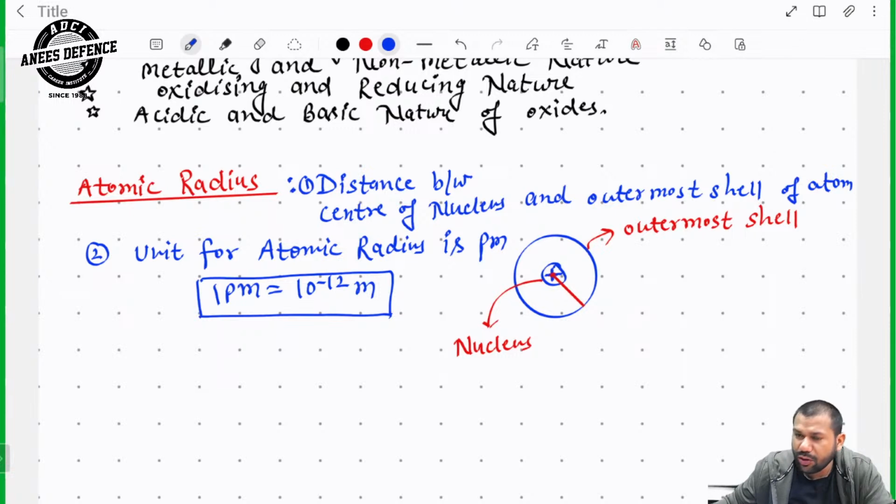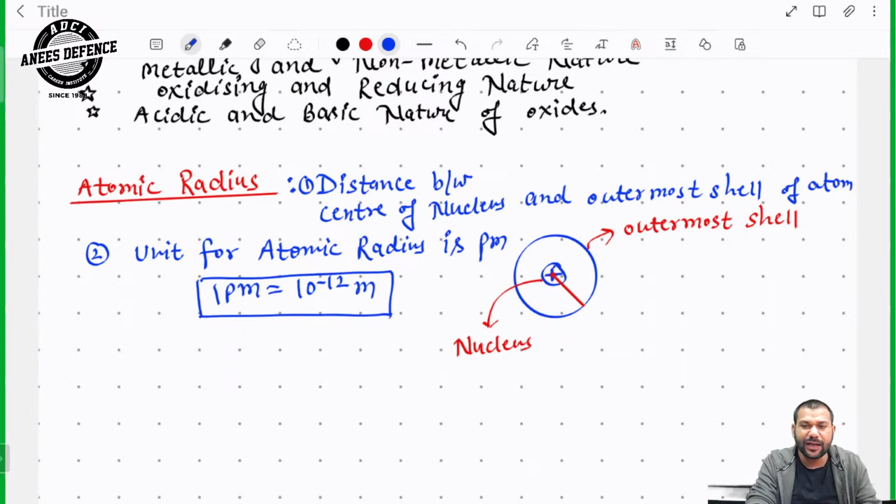In atomic radius or atomic size, we have some different concepts for different elements to define the size of the atom. Basically, what we have written here, distance between center of the nucleus and outermost shell, is not a very precise definition for the atomic size or atomic radius.